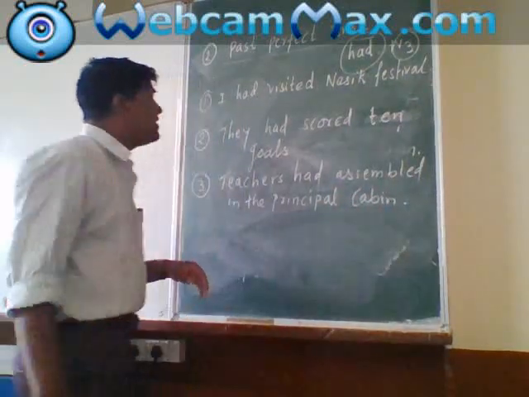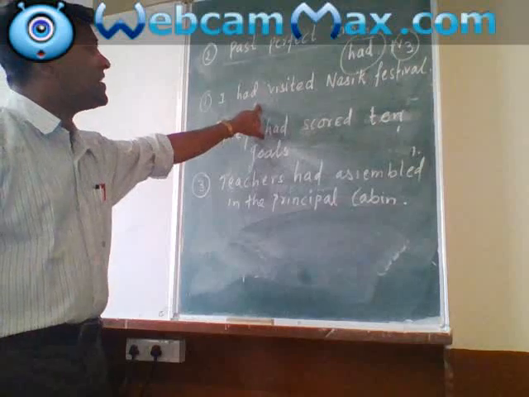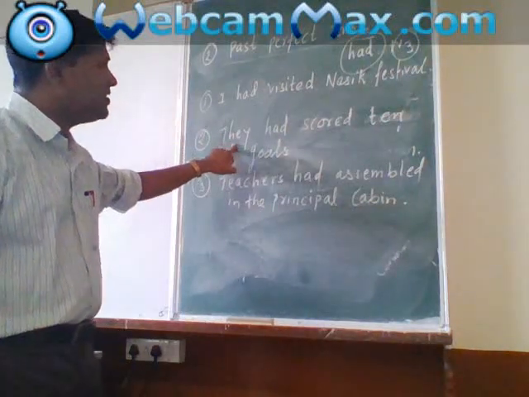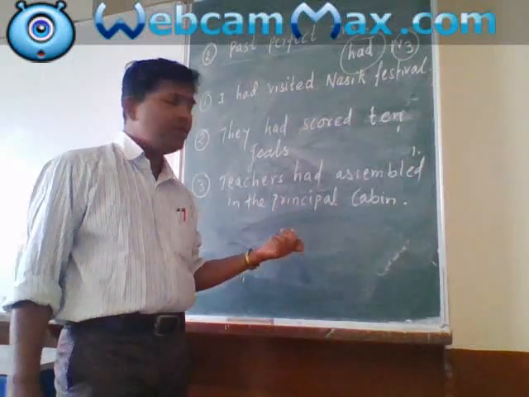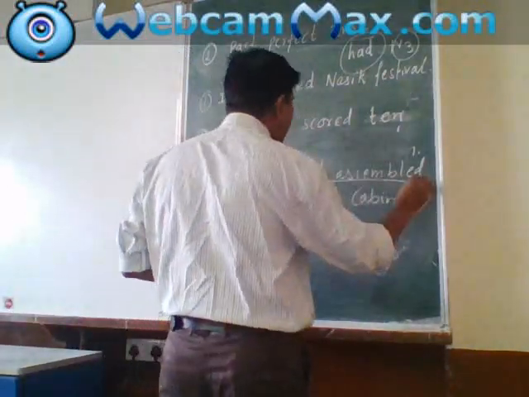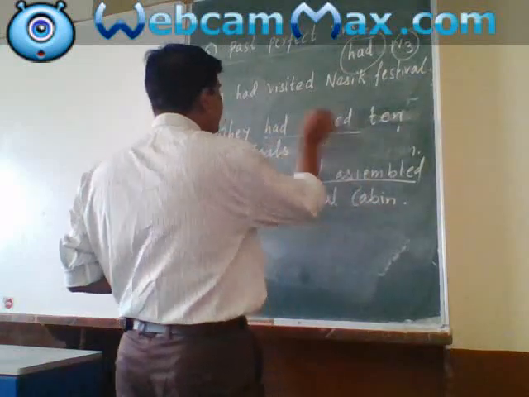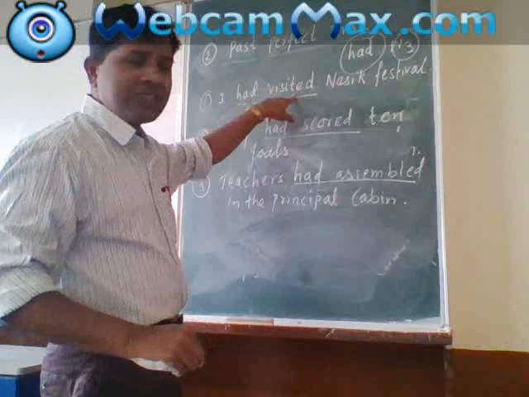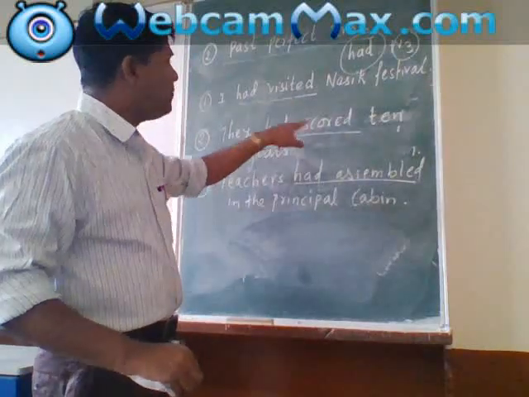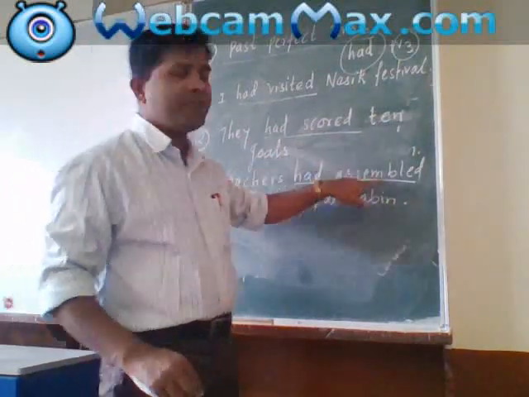So you see here, had visited Nasik festival, they had scored 10 goals. Teachers had assembled in the principal cabin. So here, had assembled, had scored, had visited. These are had plus V3, had plus V3, had plus V3.